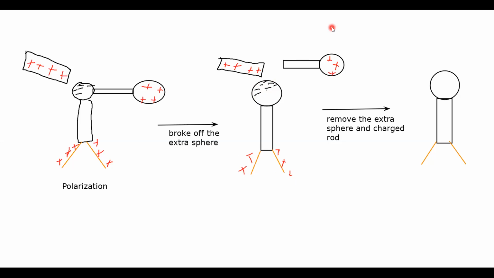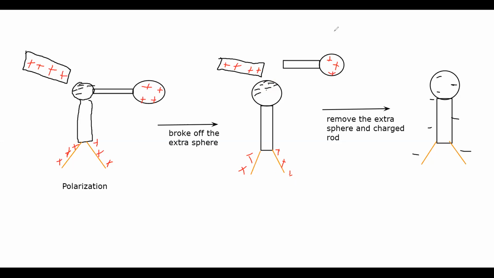So that negative charge is going to distribute itself because of electrostatic equilibrium, because these are conductors, and you have negative charges spaced evenly throughout the whole electroscope. Okay, so this is called charging by induction, that we induced a net charge by this process.